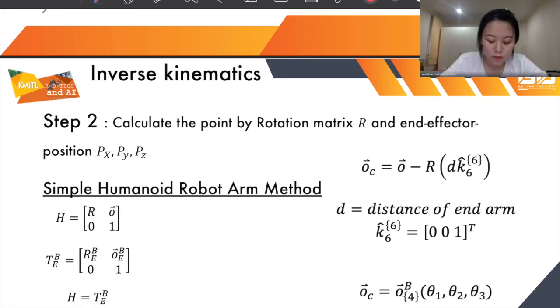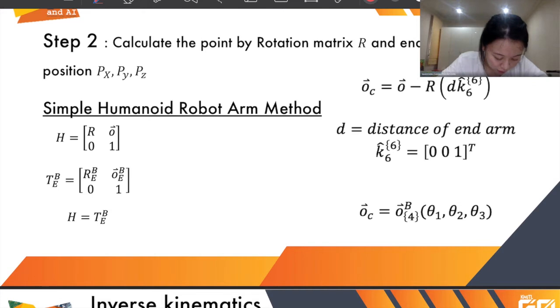Step 2. Calculate by rotation matrix R and the end effector position Px, Py, and Pz. We will use a new method, the simple humanoid robot method. It's a method where we have to find theta 1, theta 2, theta 3 from the end effector point and rotation matrix that we know.